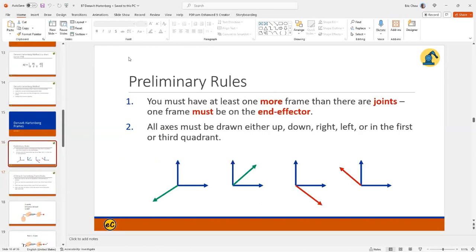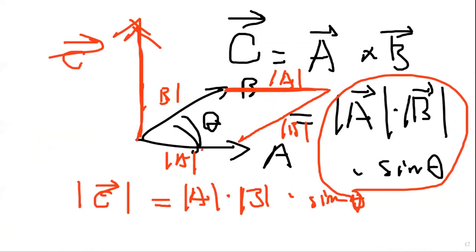What is the z direction? You have x, y, z. If you set up a coordinate system, like assume here you have a rotator. Okay, here you have a rotator.